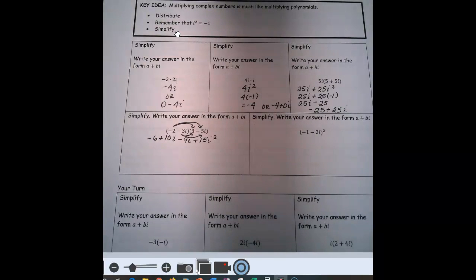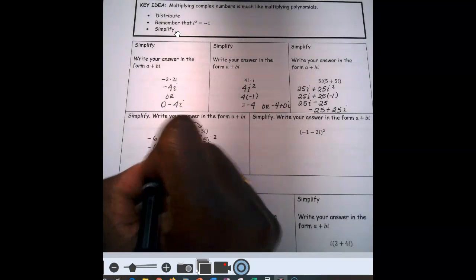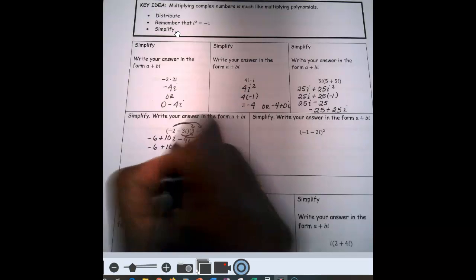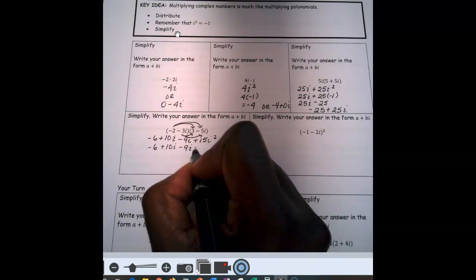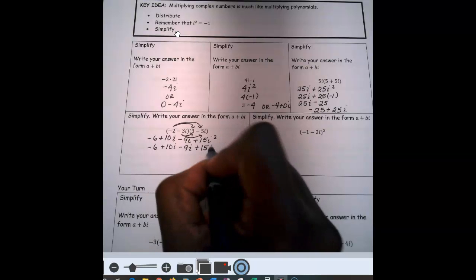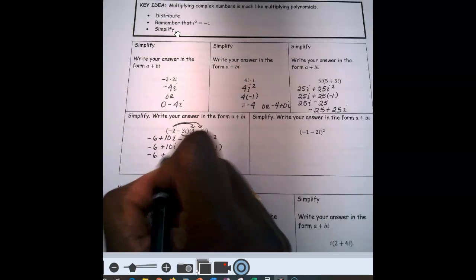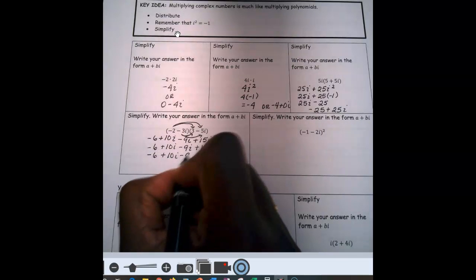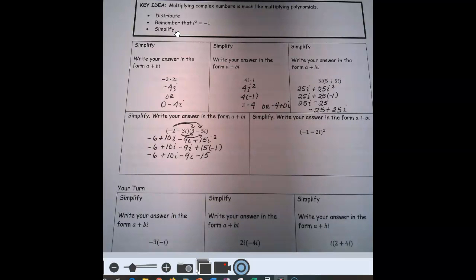So now we're going to go ahead and clean this up a bit. We are going to do -6 + 10i - 9i. And remember here we've got plus 15 times -1. So that gives us -6 + 10i - 9i - 15.